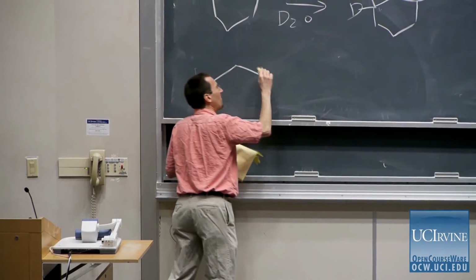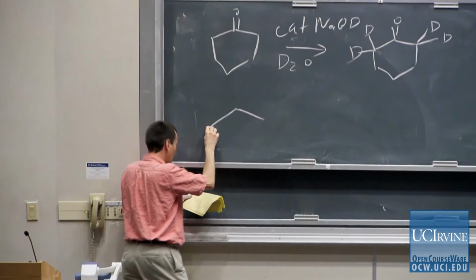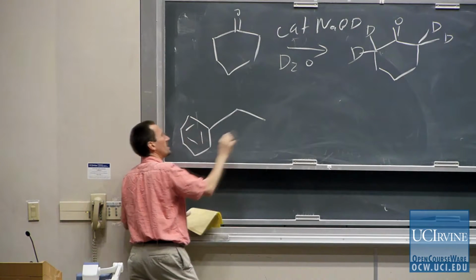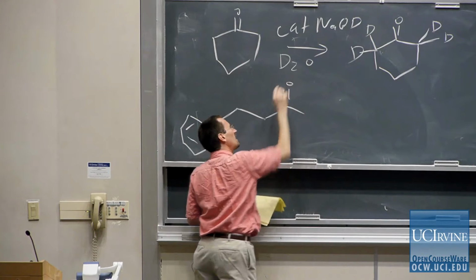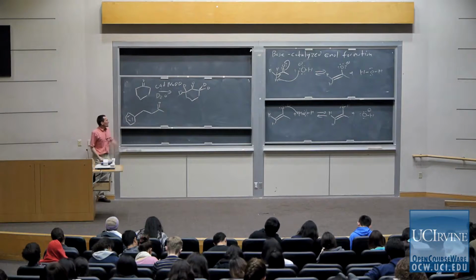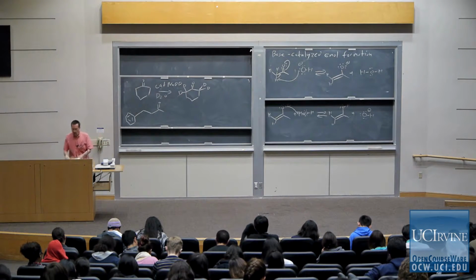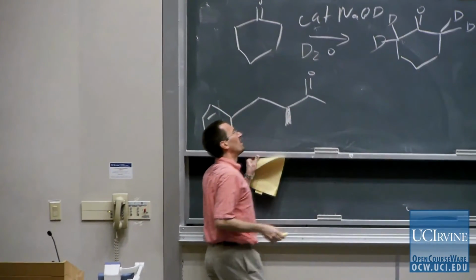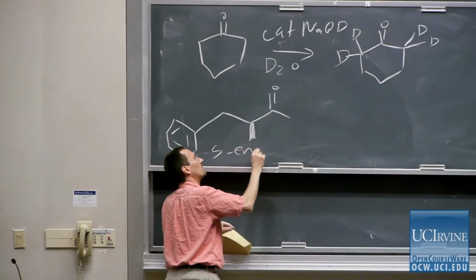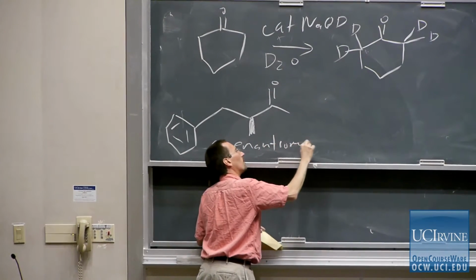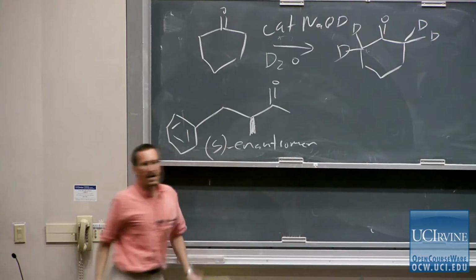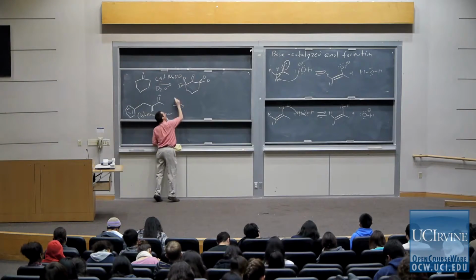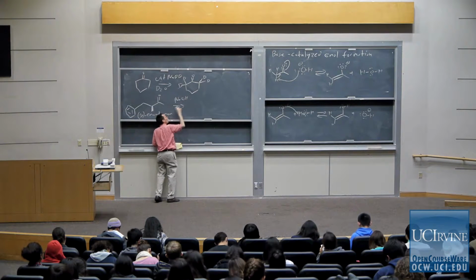Similarly, if I imagine for a moment that I had something that had chirality at the alpha position, let's imagine that I have this ketone where I have a methyl group. And let's say that I have just the S enantiomer. And I treat this ketone with, let's say, sodium hydroxide in water, since we're talking enolate chemistry.